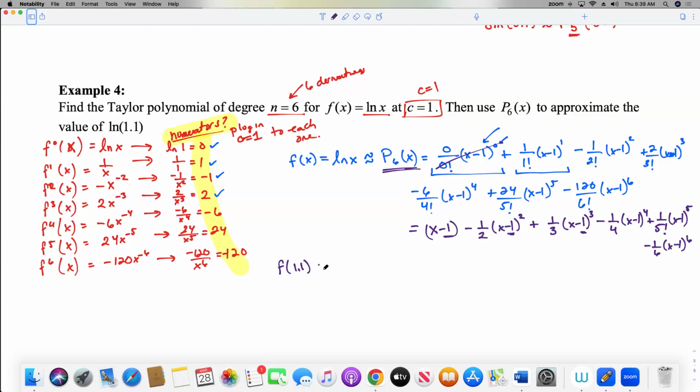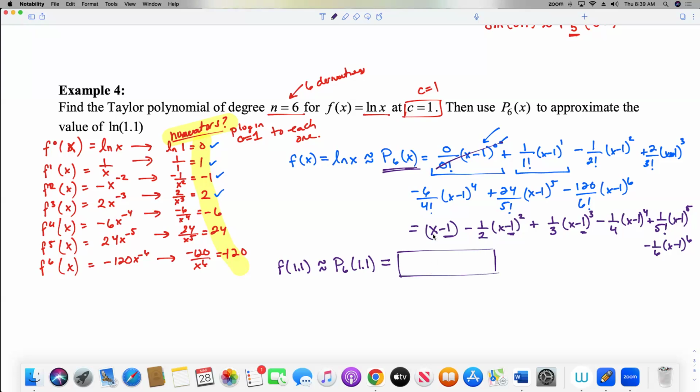So f of 1.1 is approximately equivalent to P6 of 1.1. And once you plug 1.1 into all of this, you should get a value. I'll let you guys get the value of this, because I did not, and it'll just take more time.